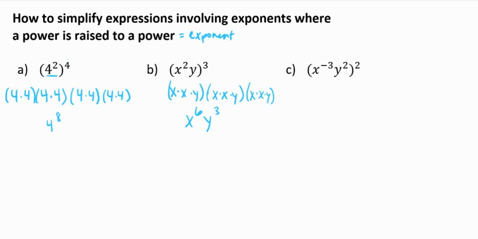All right, and then for C, so I know that when I have a negative exponent, that means that this is going to go to the bottom of the fraction. It's going to go to the bottom, because remember we learned in the video that if I have 5 to the negative 2, that's the same thing as 1 over 5 squared, and we throw away the negative.